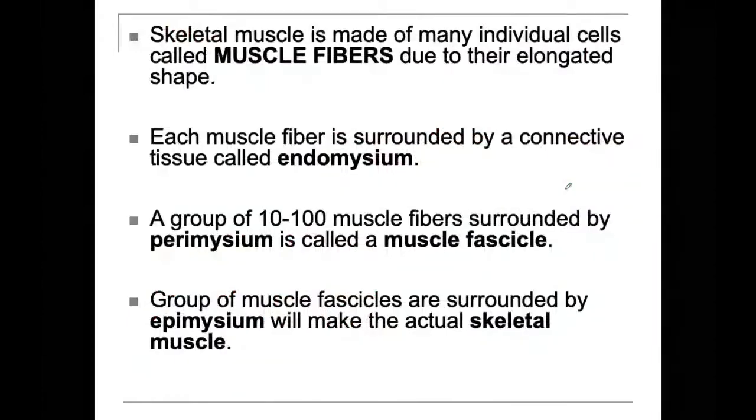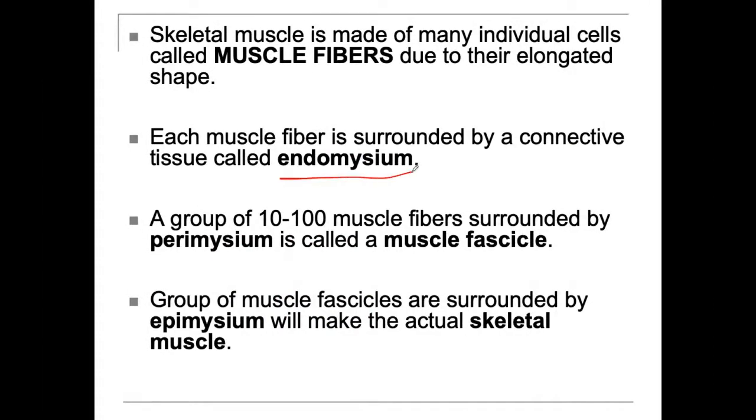Okay. All right, so to review, we have a bunch of muscle fibers, and those fibers are surrounded by endomysium. If you have a cluster of 10 to 100 of those fibers that are surrounded by its layer called the perimysium, we also refer to that as a fascicle. And if you have a bunch of those fascicles, then they're surrounded by the epimysium.